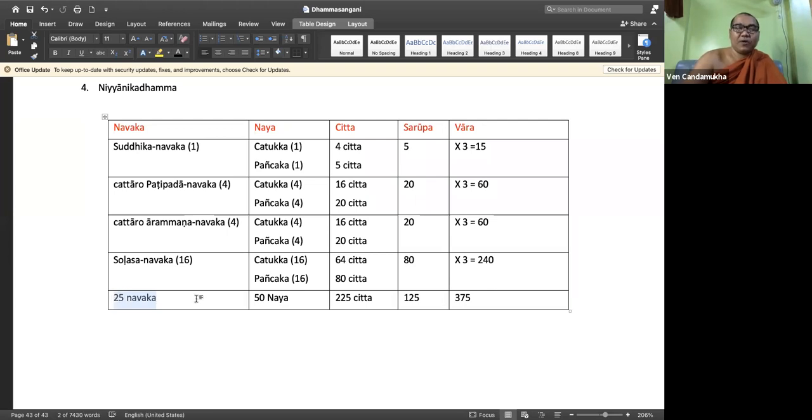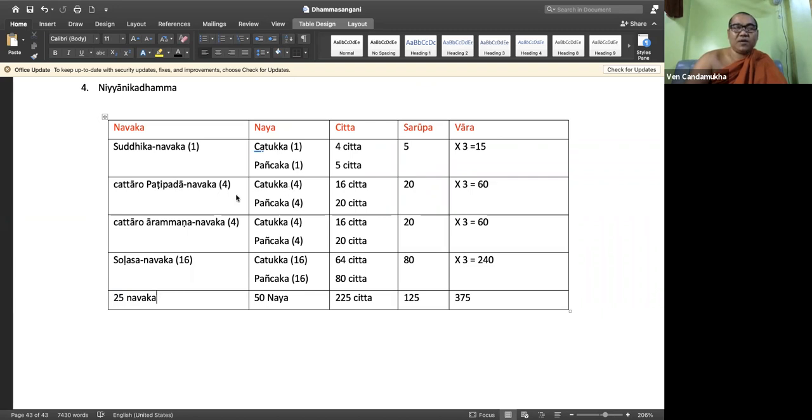Okay, 25 Navaka. As we know, each Navaka has two methods. One method is the Cittuka method, another is the Panchaka method. Because here in the Suddhika Navaka, the Cittuka method is one, the Panchaka method is one.